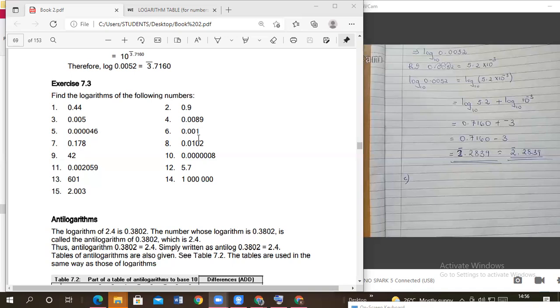Fiona, you did number 10. Fiona, that one is correct, but make sure that it is to 4 decimal places. Okay? Yes, teacher.